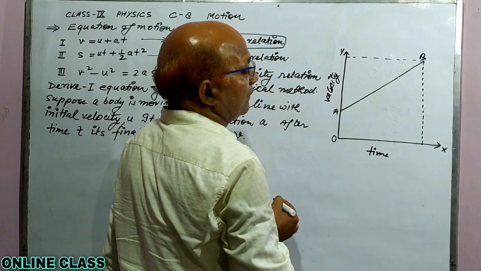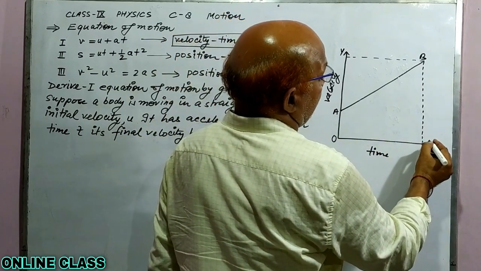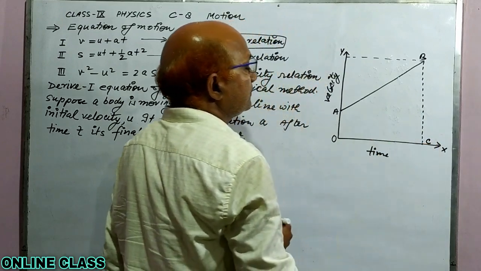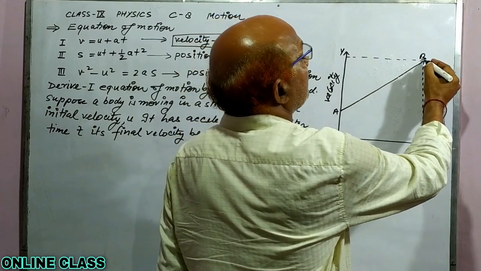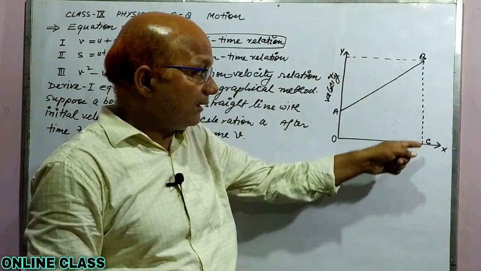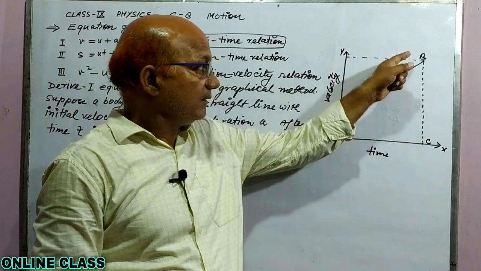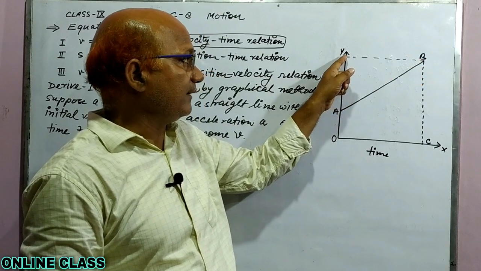Let this be C. So from B point, drop perpendicular on x axis, this is BC, and on y axis at this point.